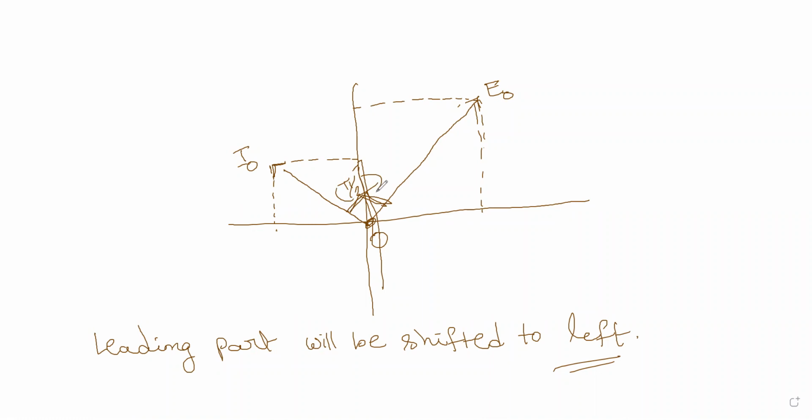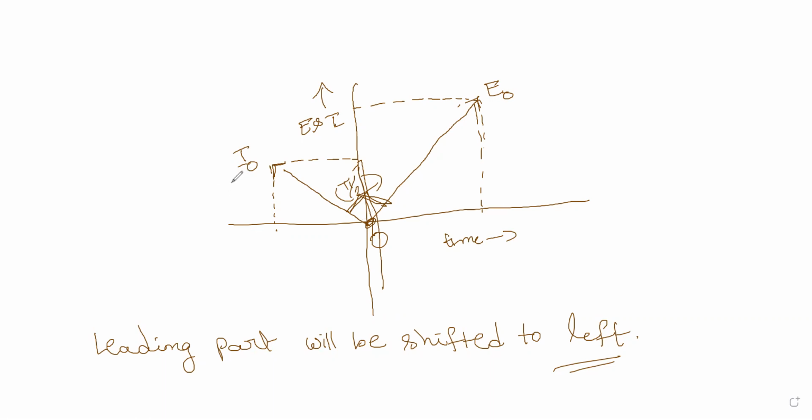So that's the phasor diagram. E and I both are represented on the y-axis, and this is the time axis. That is what the phasor diagram is.